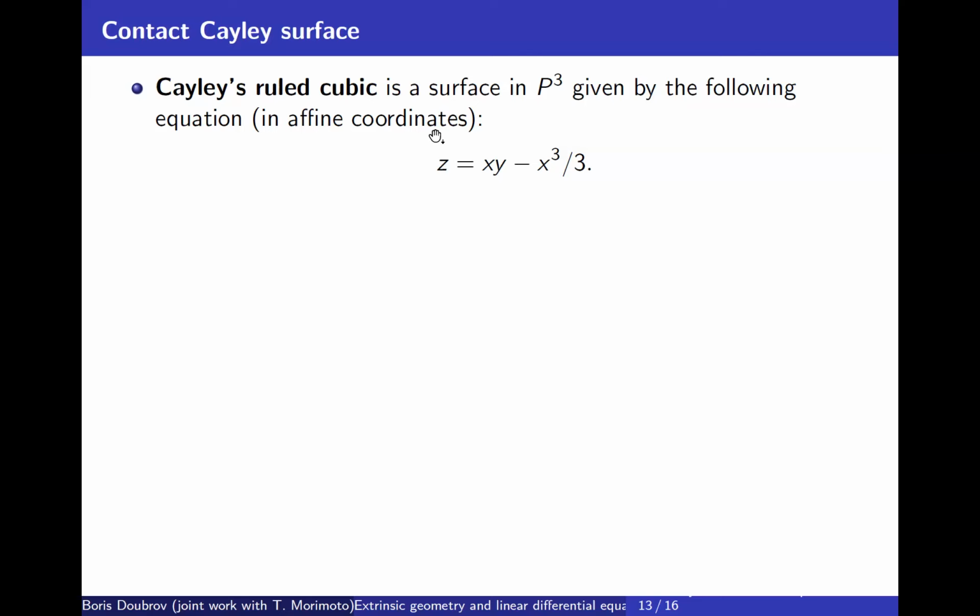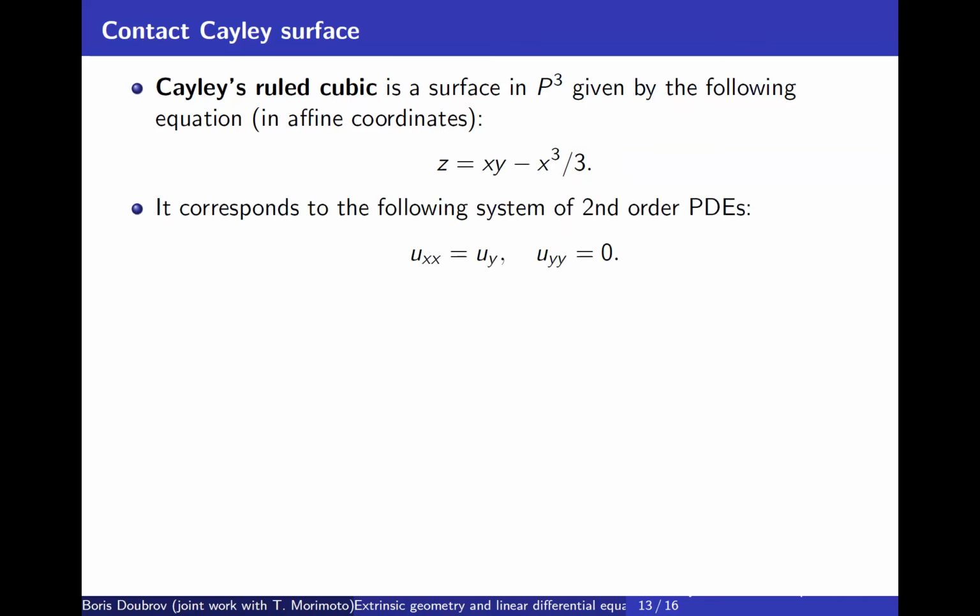And among them, there is this nice one, which is called Cayley's ruled cubic, which actually possesses an infinite, one-parameter family of lines. It's clear that if x is constant, we get a line on the surface. And it turns out that it corresponds to this very nice second order system of PDEs.